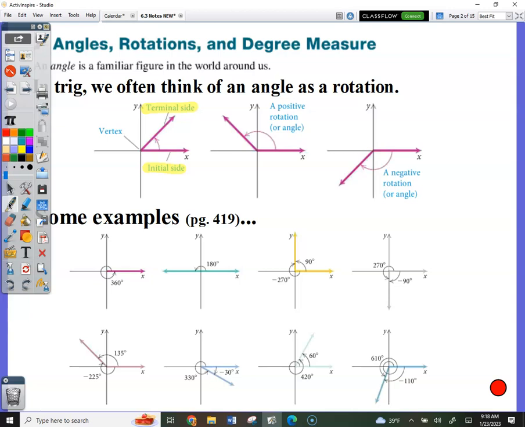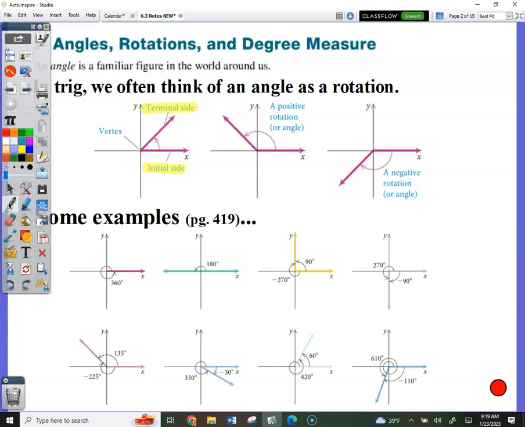And then the other vocab word, terminal side, means the actual part that is rotating. I know y'all love the demonstrations. The actual part that's rotating, wherever it stops rotating and terminates its rotation, is called the terminal side.